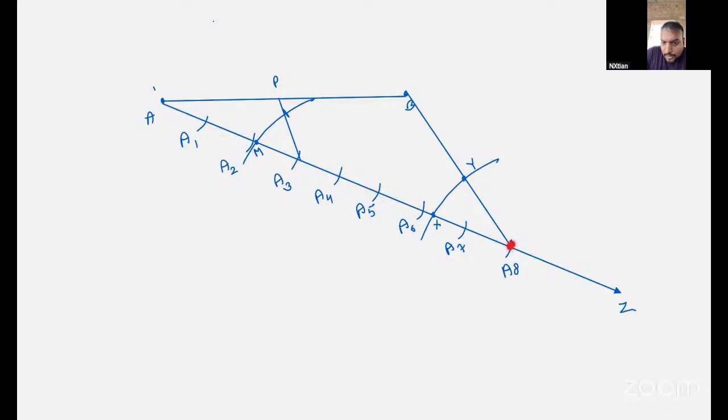In the second step, where you are making the acute angle with A1, A2, A3, A4, A5, you can also take any measurement size. But if you take this much as A1, then don't disturb it. A1, A2, A3 should be equal.